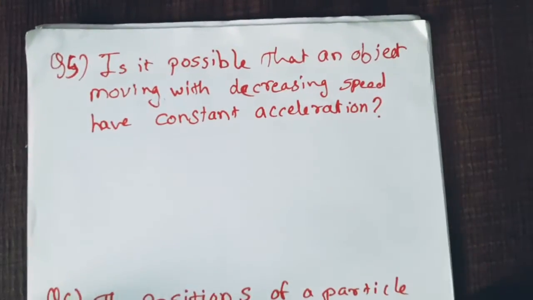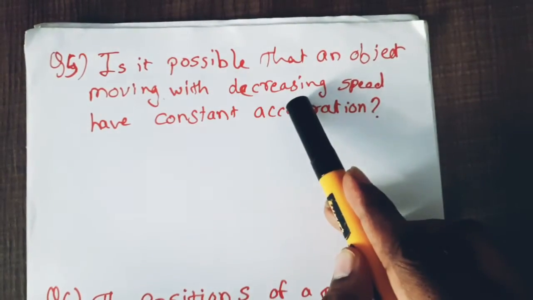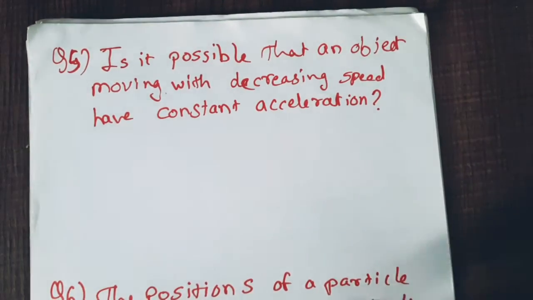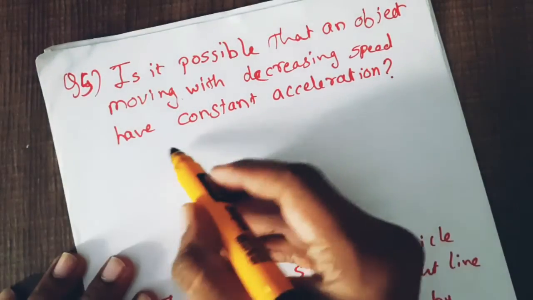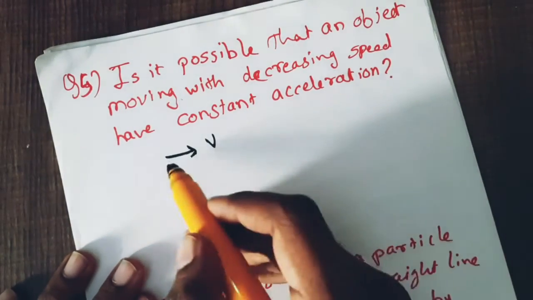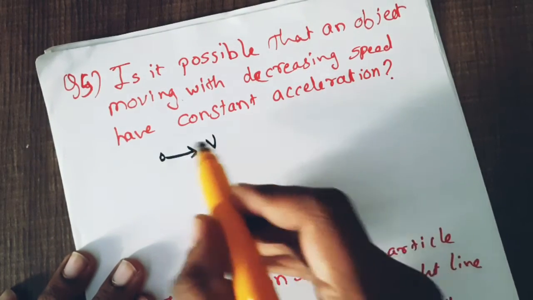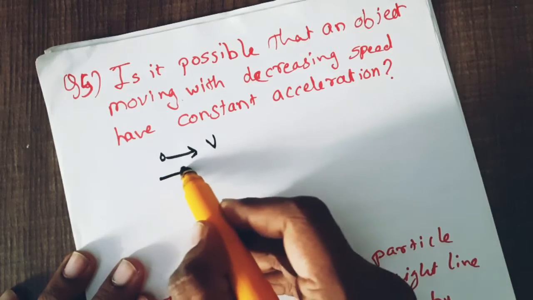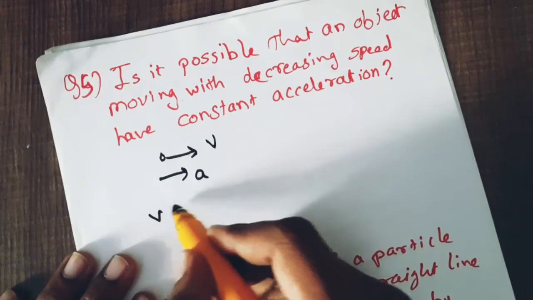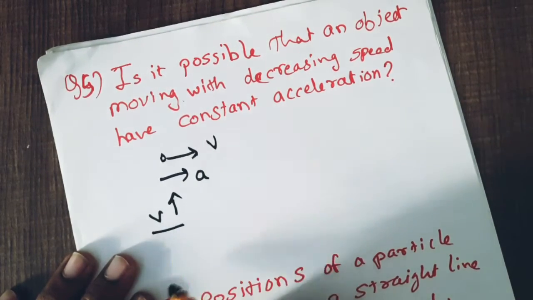Now question number 5. Is it possible that an object moving with decreasing speed has constant acceleration? Basically, consider the motion of an object in this direction, with velocity v. If acceleration is in this direction, then v increases. If velocity and acceleration are in the same direction, then velocity increases.